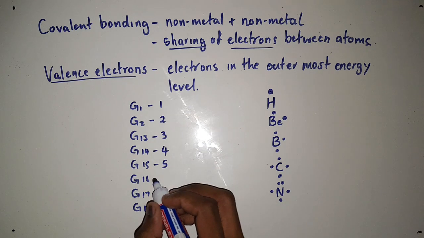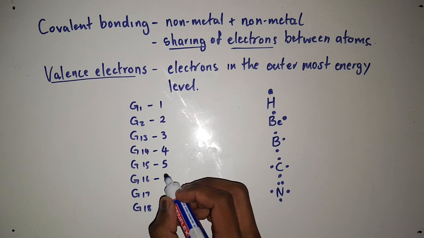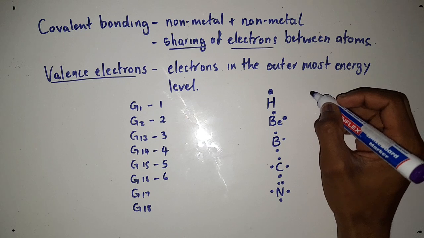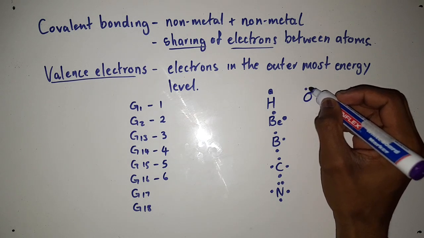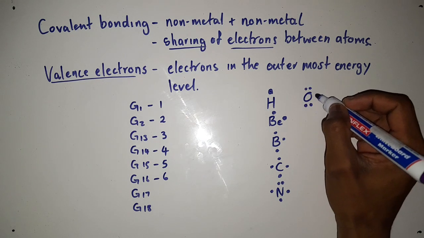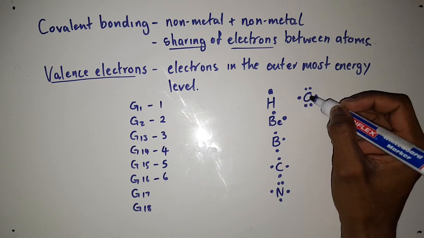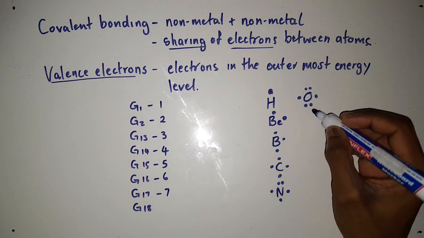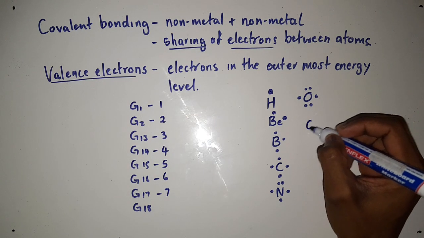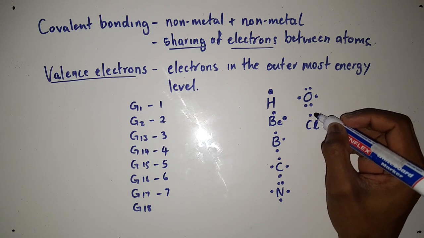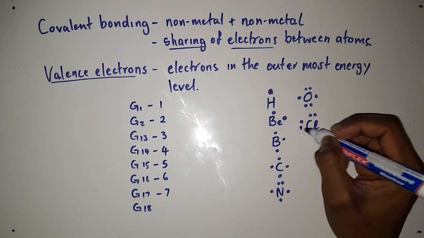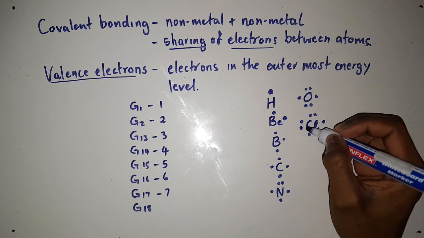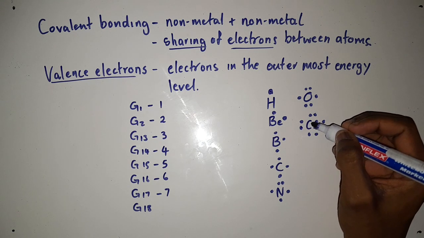Then in group 16, an example that I can give is oxygen, which can be written in this format, with its valence electrons. Then group 17, we have chlorine, Cl, with 7.